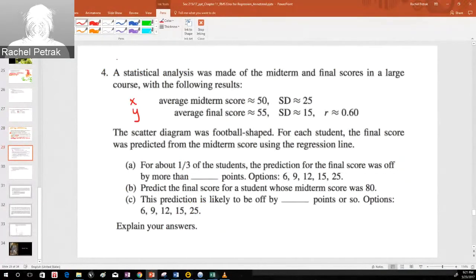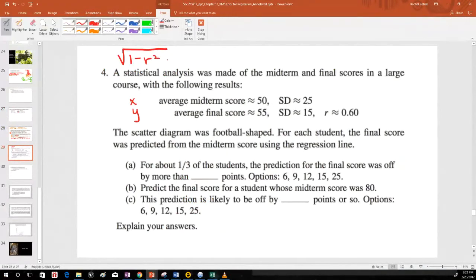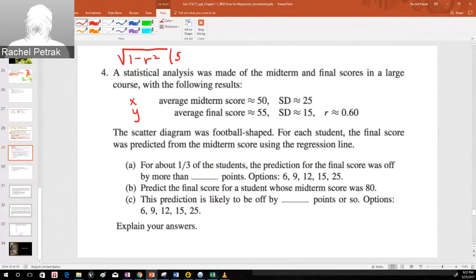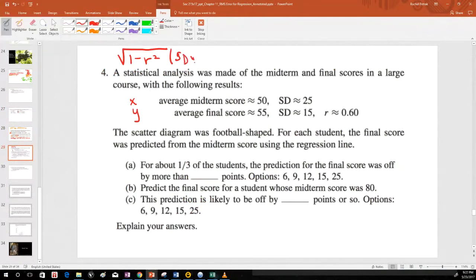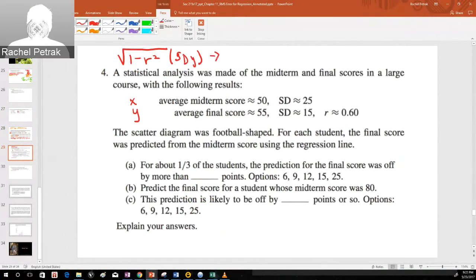So we're going to use the same formula again: the square root of 1 minus r squared, times the standard deviation of y. Our r squared is 0.6 squared, and the standard deviation of y is 15.